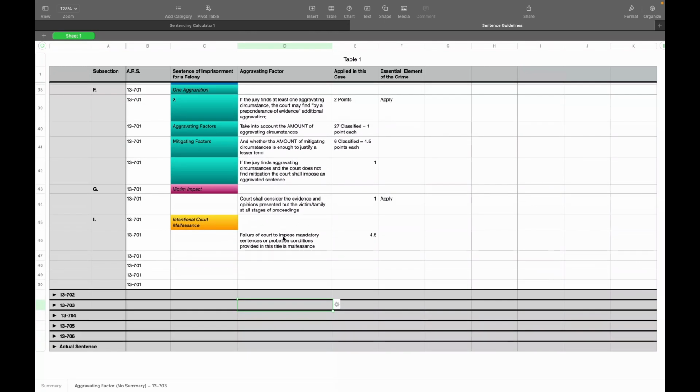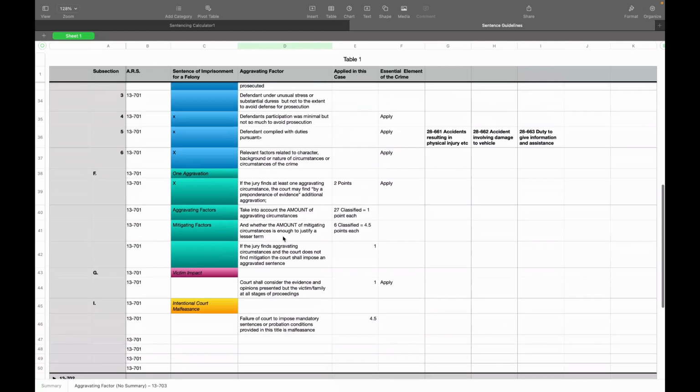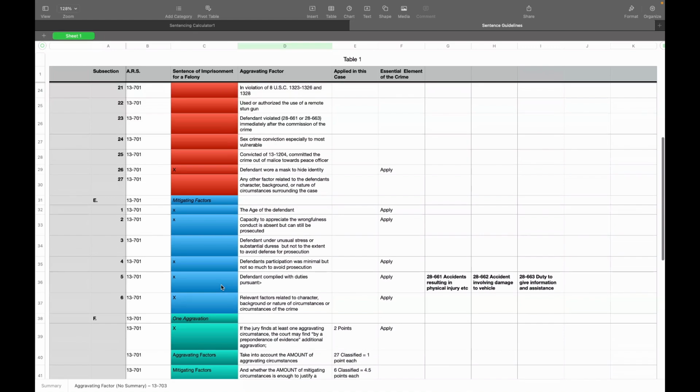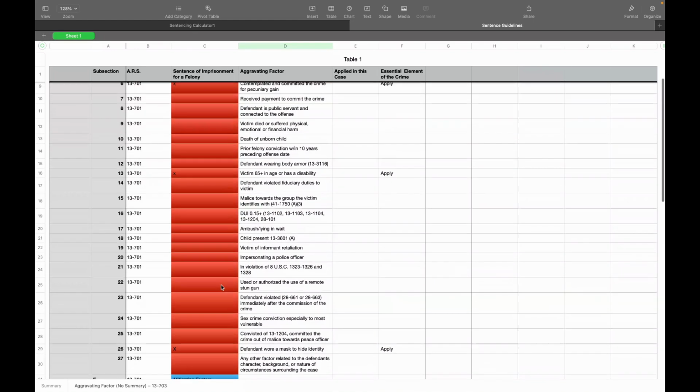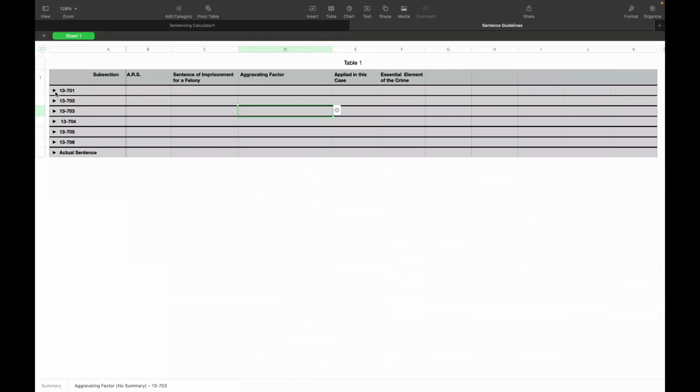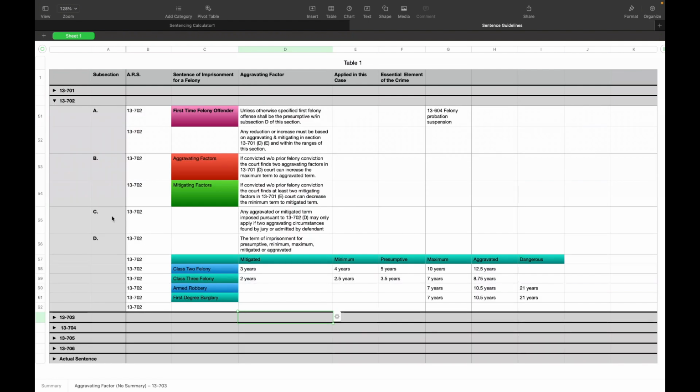Our calculator does take into consideration one aggravation or victim impact. Again, 701 is your outline or your criteria for where you are going to start measuring your sentences. 702 is going to give you your baseline number, your presumptive, the number that you're going to begin increasing or decreasing based on aggravation and mitigation.